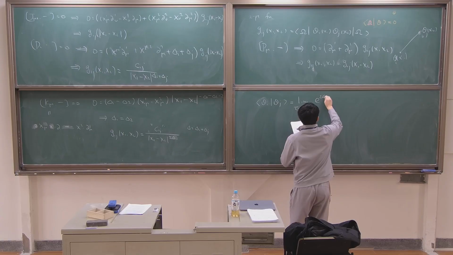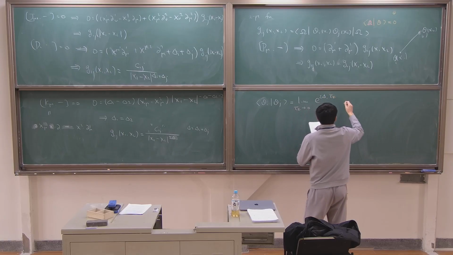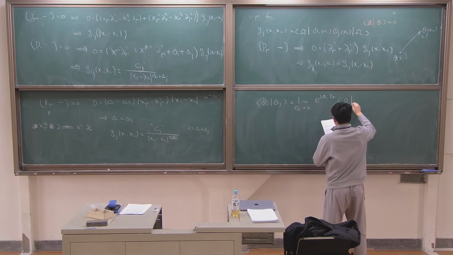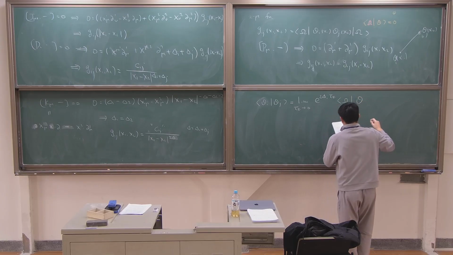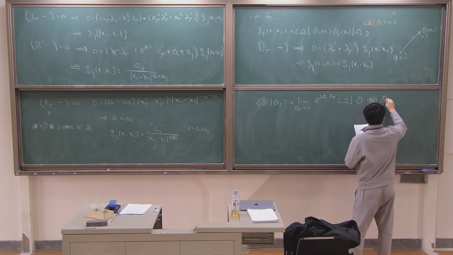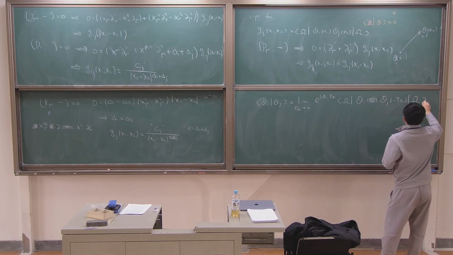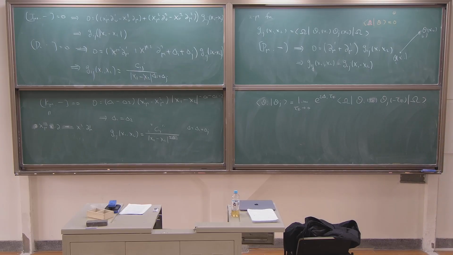O_I of x, or tau_e, like this way. That's what we have.